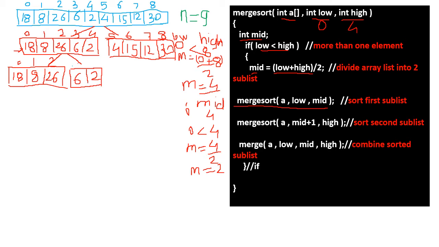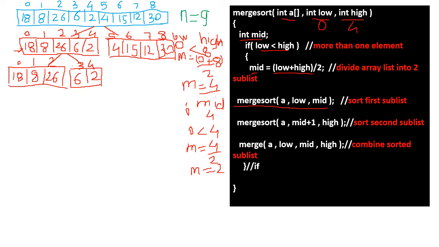After that, again we recursively call this merge sort function, because this merge sort function has not yet terminated. Till this condition is false, we have to call the merge sort function again and again until we get only one element in the first sublist.